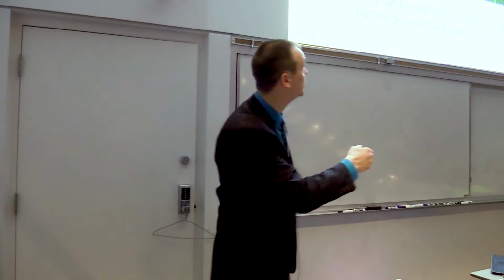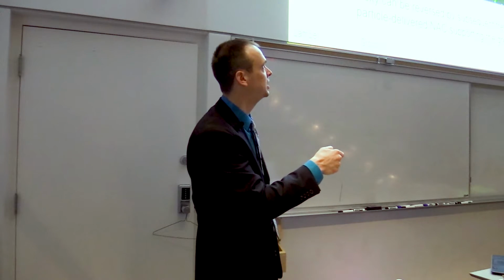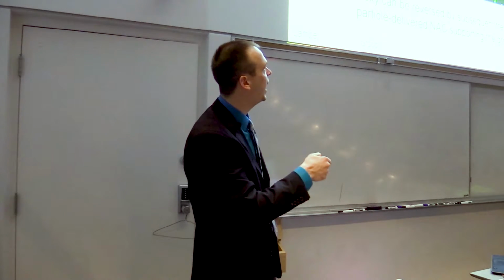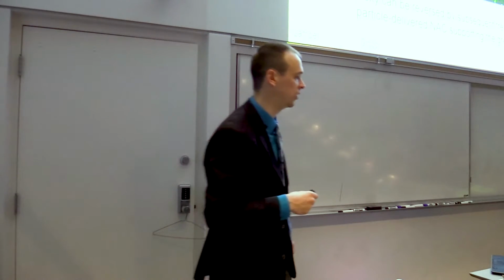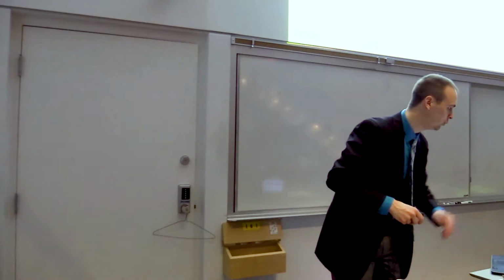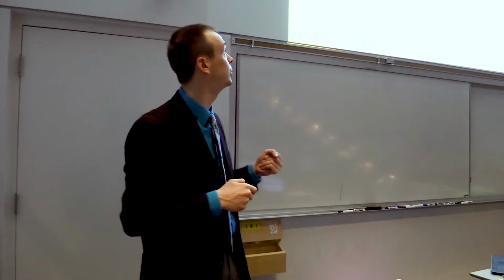And you can see pictures of this. Healthy control, injury: the cells are all manipulated and dead and gone. You add this NAC, we see happier, healthier, and more cells present. And we can look at their morphology. These oligodendrocyte progenitor cells, these are in 2D, should have these nice processes extending out, which are shown up here in phalloidin in red. Again, the cells are positive for green fluorescent protein.